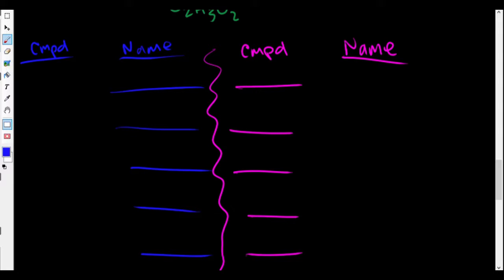So let's go back to the blue compounds. Let's go with that. So (NH4)3PO4. I have one more thing to talk about after this, but let's go Mg3P2.